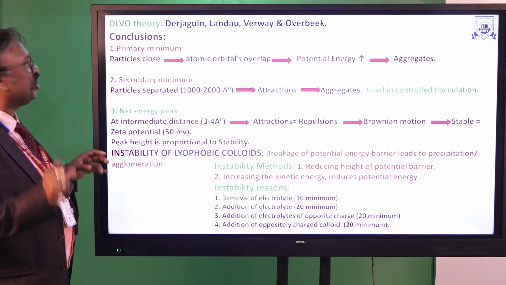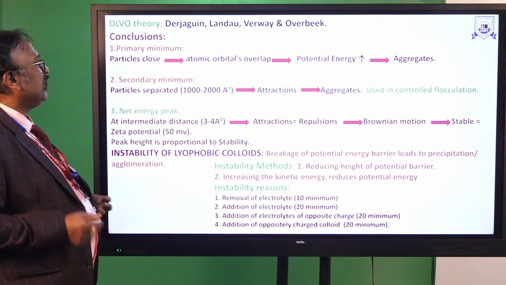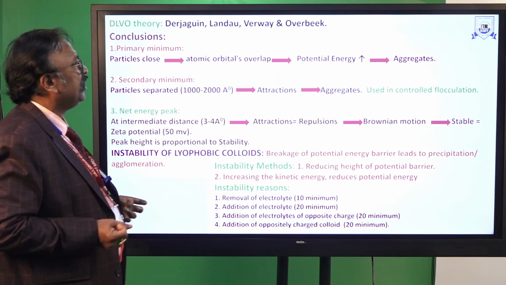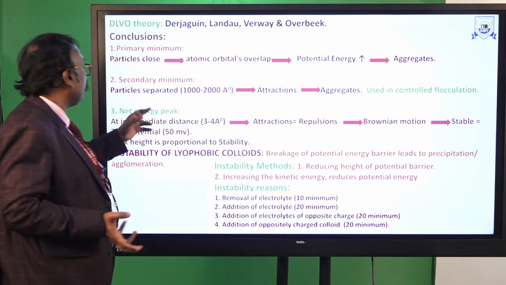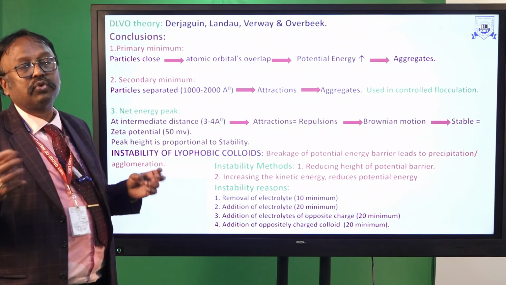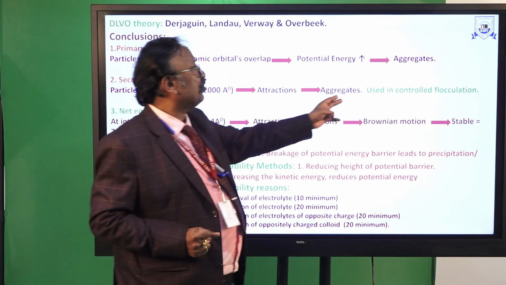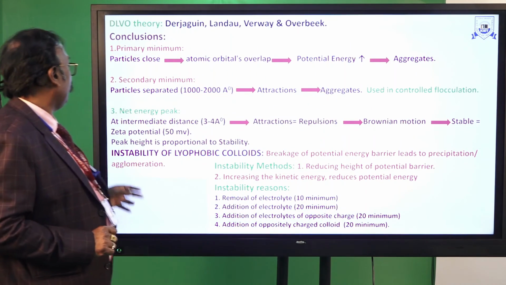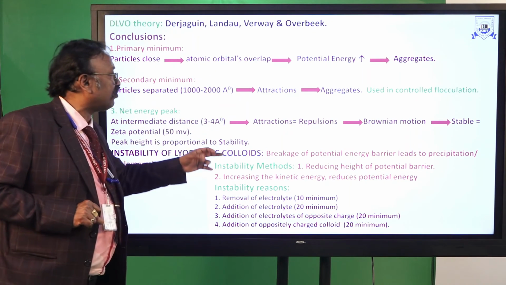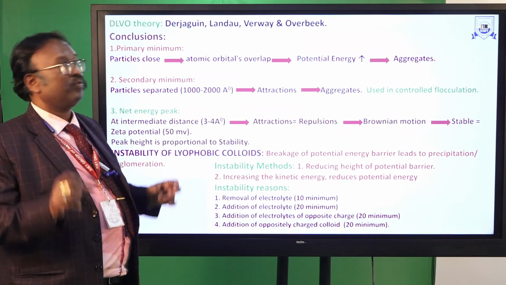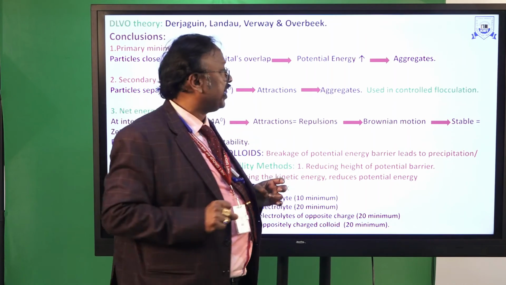The conclusion from this theory: at the primary minimum, the particles are close together, the atomic orbitals overlap, the potential energy increases, and they aggregate. Whereas at the secondary minimum, the particles are separated by 1000 to 2000 angstrom, attraction will be there, aggregates form, used for controlled flocculation. Whereas at the net energy peak, at an intermediate distance of 3 to 4 angstrom units, attraction is equal to repulsion, thereby Brownian motion will take place.